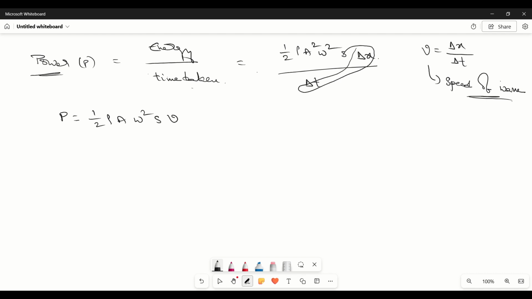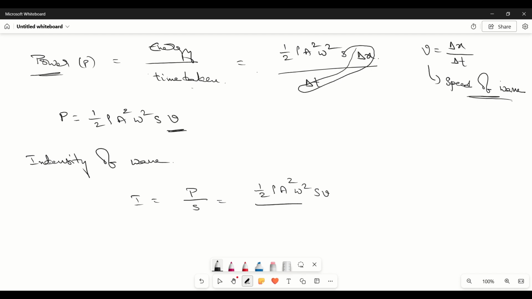So half rho a square omega square S into v by S. Observe that S and S get cancelled, so we have half rho a square omega square into v. So this represents the expression for intensity of the wave in terms of speed of the wave, amplitude, angular frequency and density of the medium.